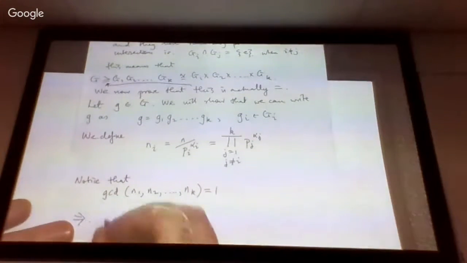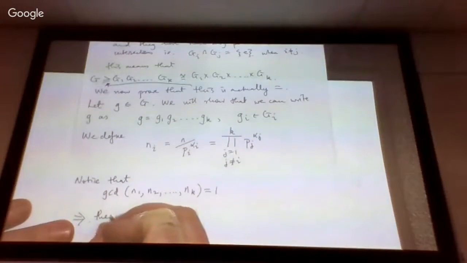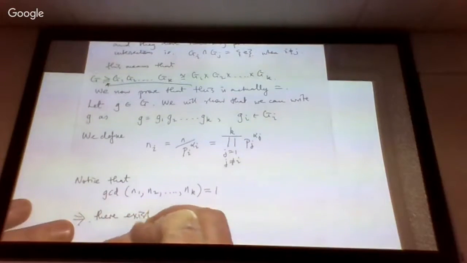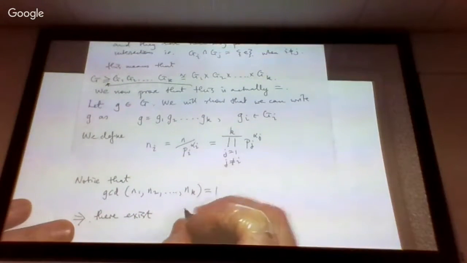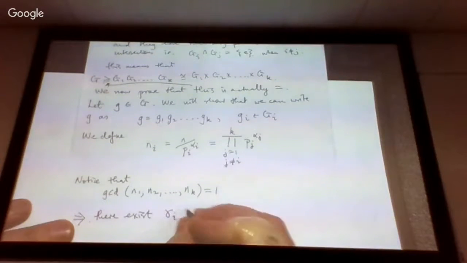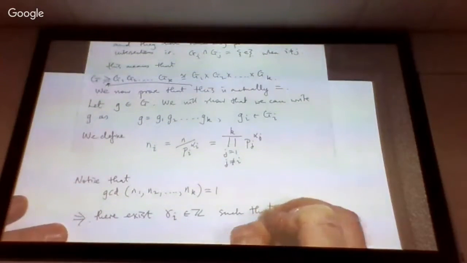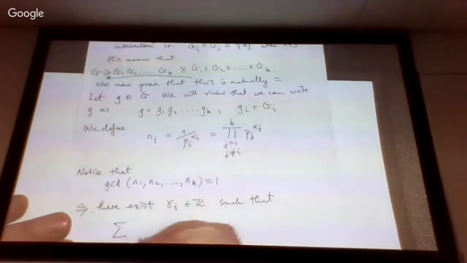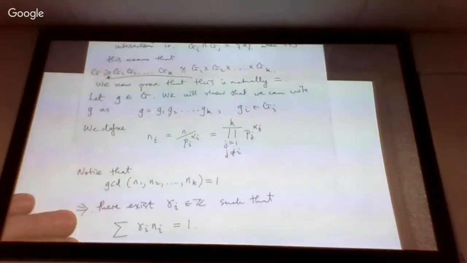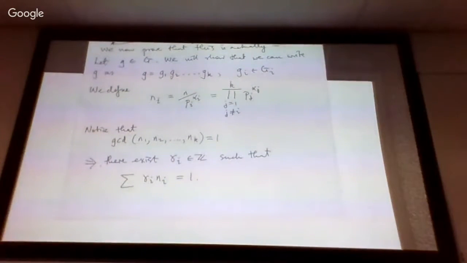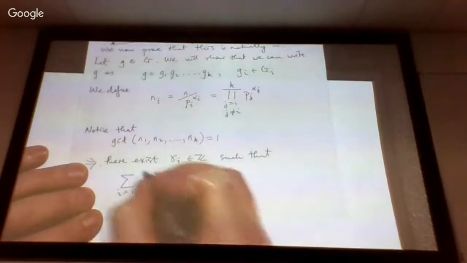So that means there exist integer coefficients, say gamma i's, such that the linear combination of these, the sum of gamma i ni for i equals 1 to k, is equal to 1.